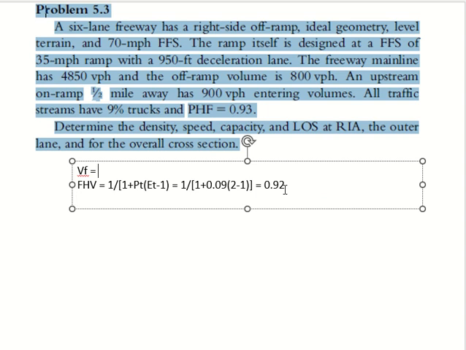So now to convert the volume to flow rate, we are doing it for the freeway volume 4850, given peak hour factor, given 0.93, and this one 0.92. How much is that? 5, 6?